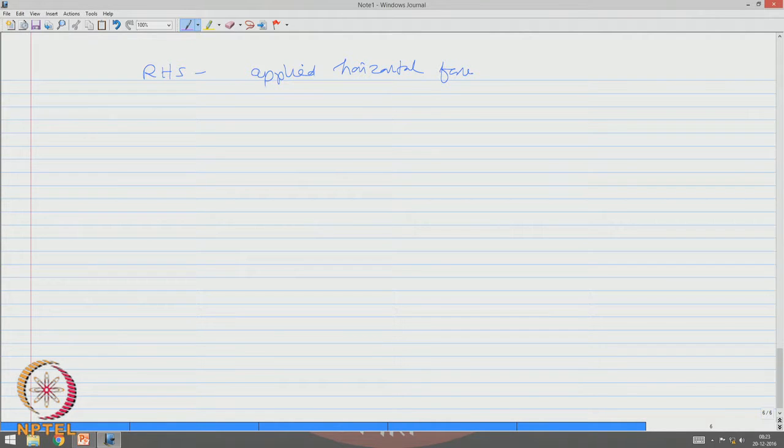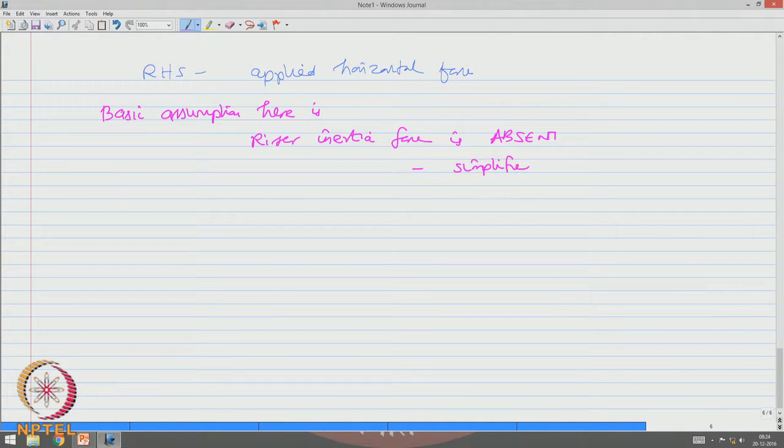So, very importantly, the basic assumption here is riser inertia force is absent, because we are looking for a simplified static analysis.